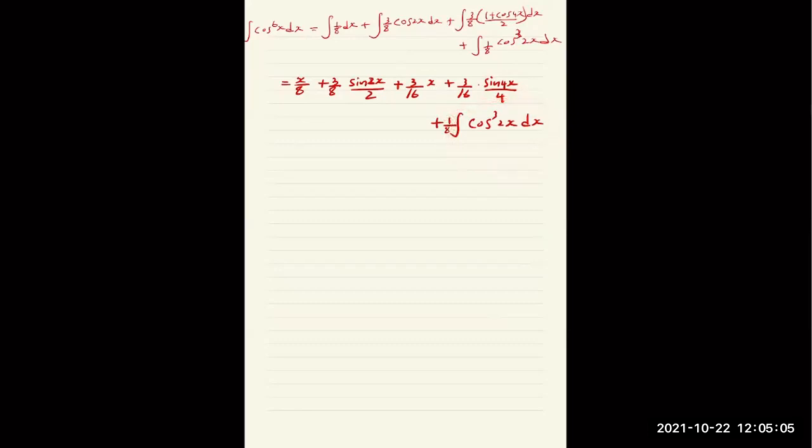Now let's deal with that integral as a separate issue. We need the integral of cosine cubed 2x dx. I'm going to rewrite this integral as cosine squared 2x times cosine 2x dx.